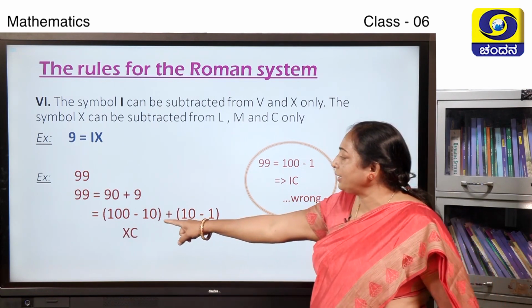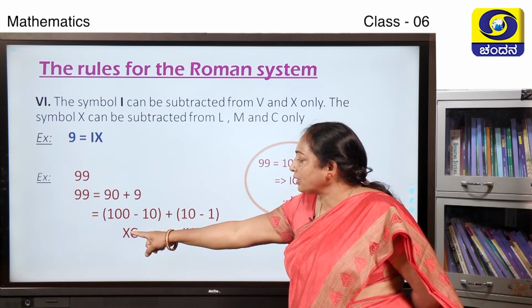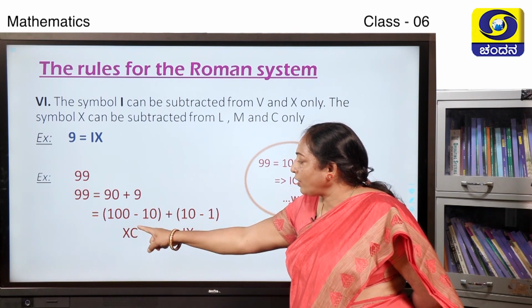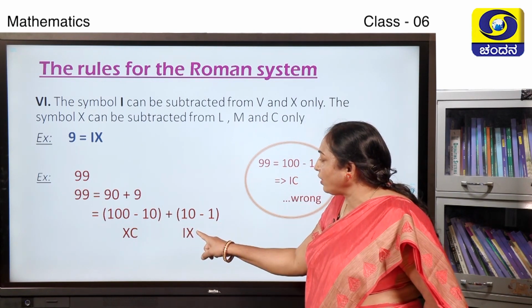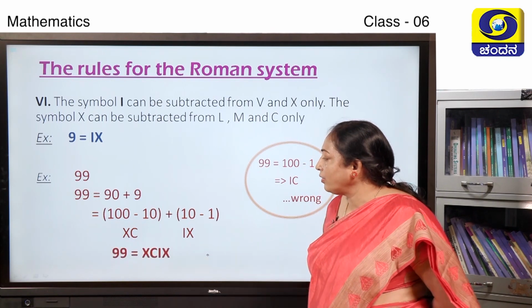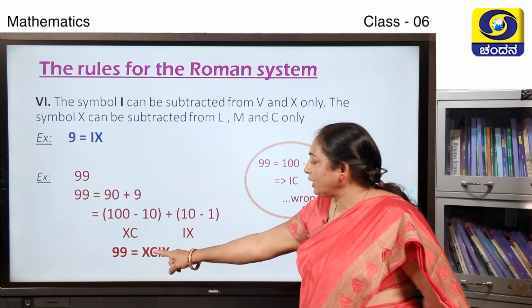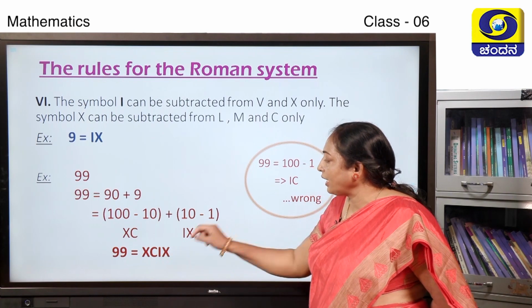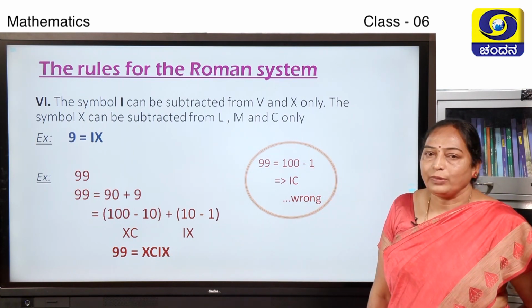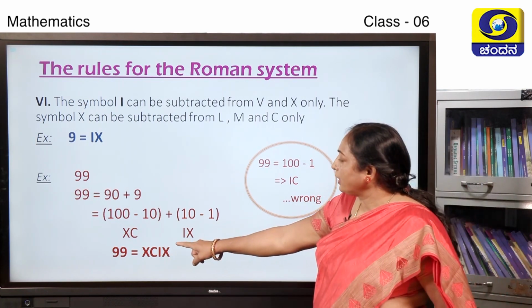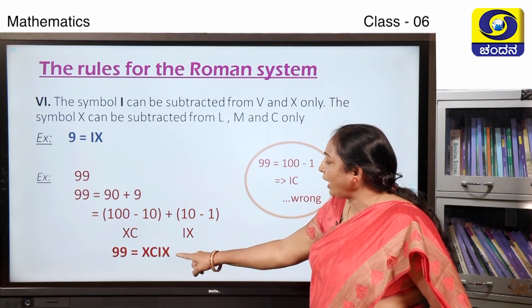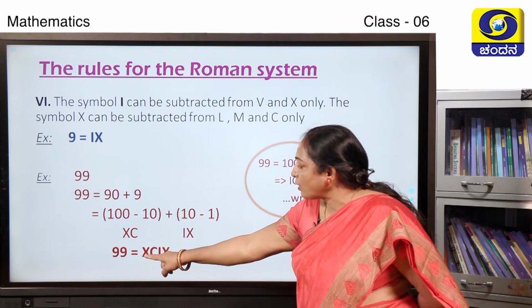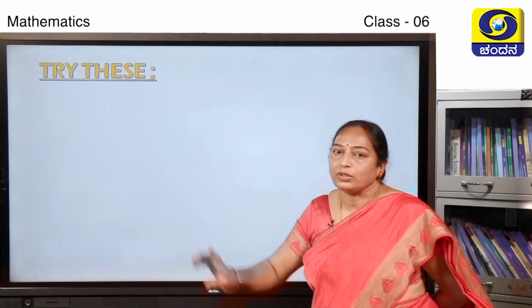How can we write this? X written left of C, I written left of X. That is why we get the answer XCIX. That means I can be subtracted from X only, X can be subtracted from C only.